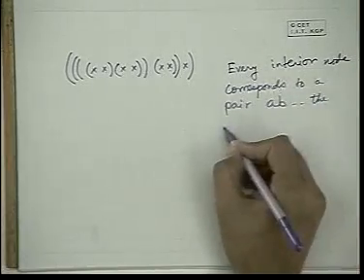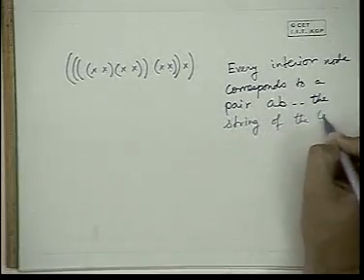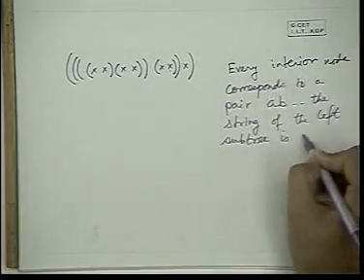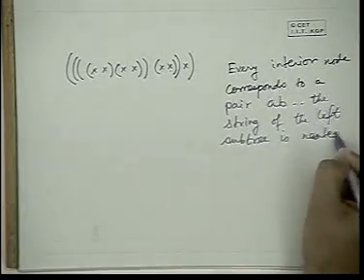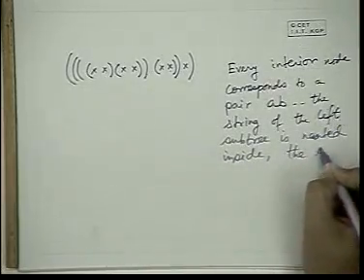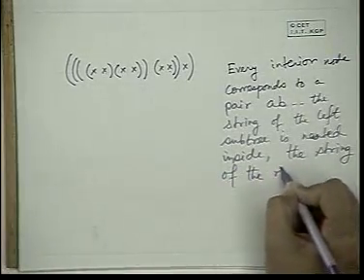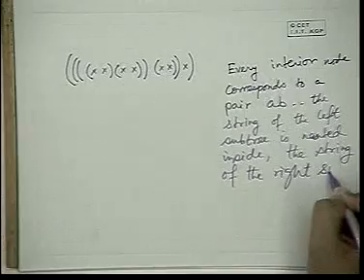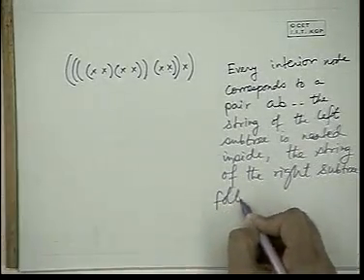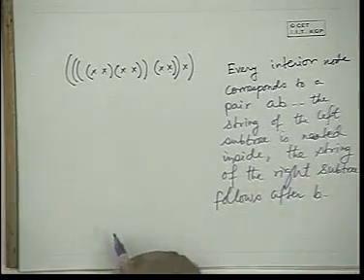I'll tell you what I'm writing now. The string of the left subtree is nested inside, and the string of the right subtree follows after B. Let us see.